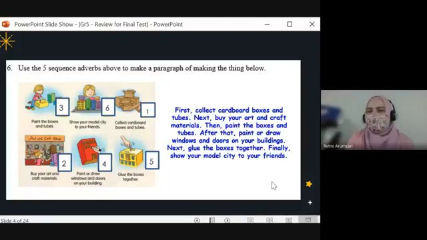For the second step until step number 5, it's up to you whether you want to use next, after that, or then. But for the first step, you always use first, and for the last step, you always use finally. Am I right?